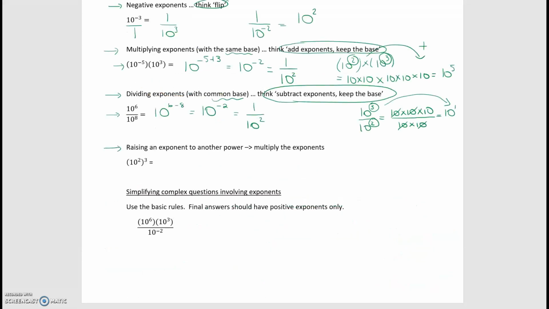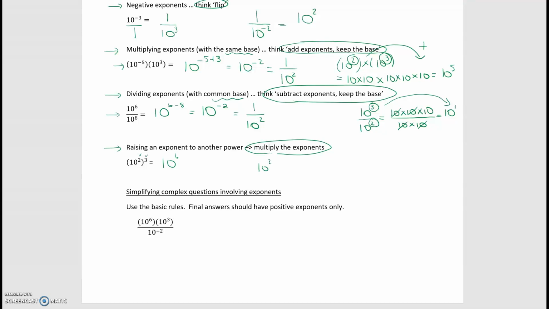Raising an exponent to another power. Think multiply the exponents. So this idea is telling us to multiply the 2 by the 3. So that's really 10 to the power 6. But how does that work?